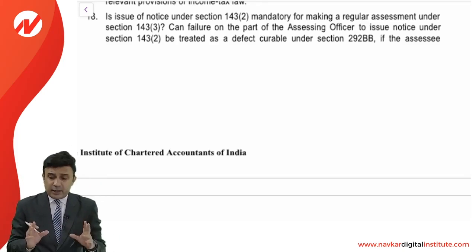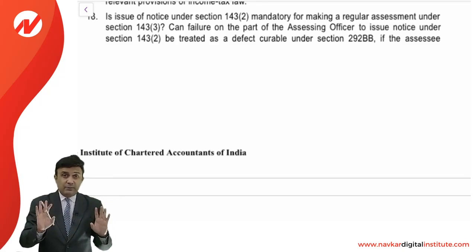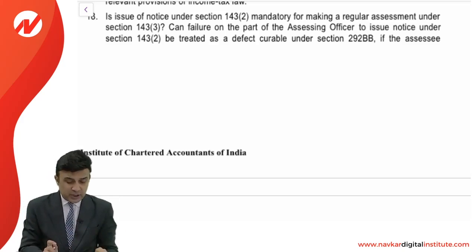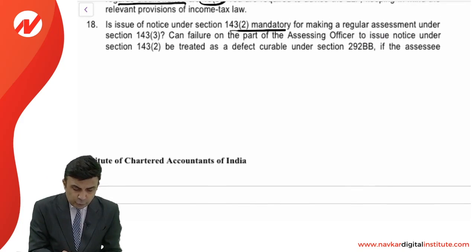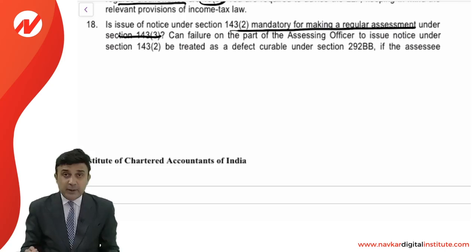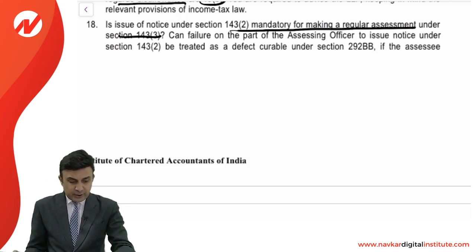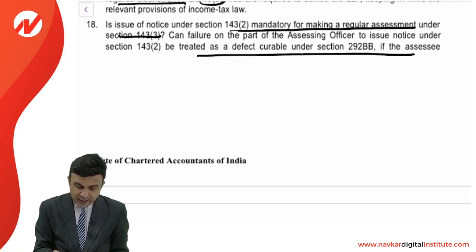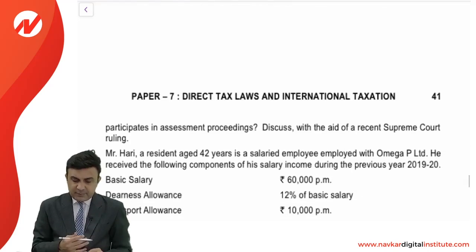Friends, it is the question on merger they have raised. See, I am assuming that you will read the answers in the RTP at length. I am giving you the basic idea of the concept in the answer. I am not reading each and every answer over here. Friends, is issue of notice under 143(2) mandatory for making assessment under 143(3)? Can failure on the part of the AO to issue notice under 143(2) be treated as a defect which is curable under 292BB if the assessee participates in assessment proceedings?